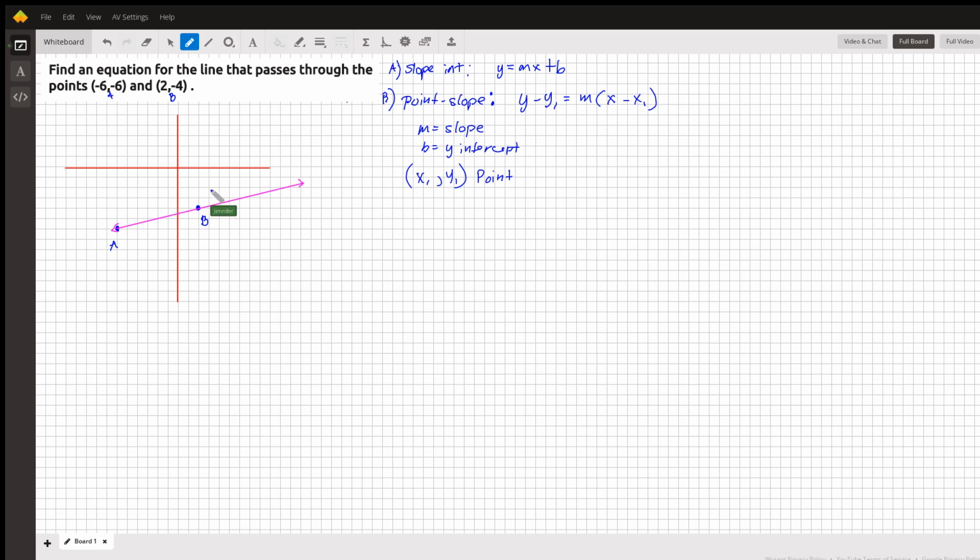You can find the slope because you have 2 points. You can find the y-intercept assuming our drawing is exact, but if it's not, that might not be a good idea. Or you can use point-slope. So in this case, I'm going to use point-slope. In point-slope, you need to know the slope and a point. Well, you have 2 points, so you're pretty covered there. But first, let's find the slope.